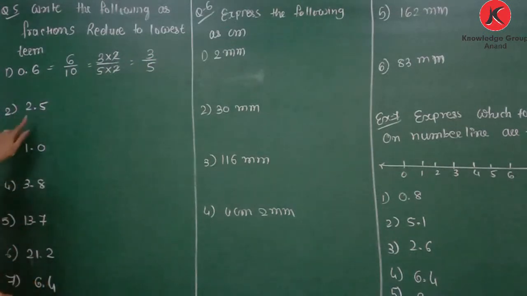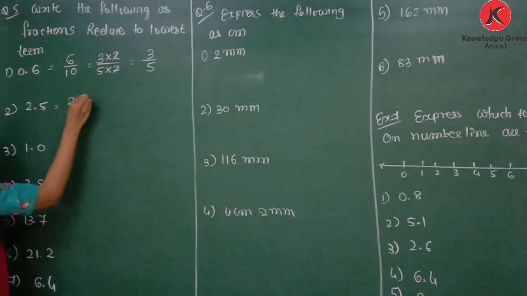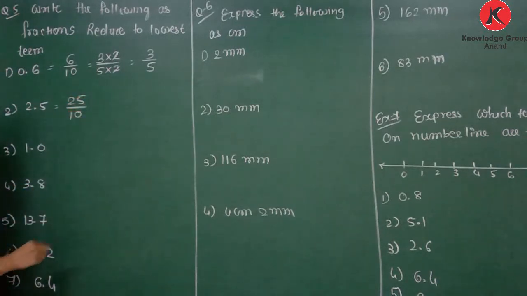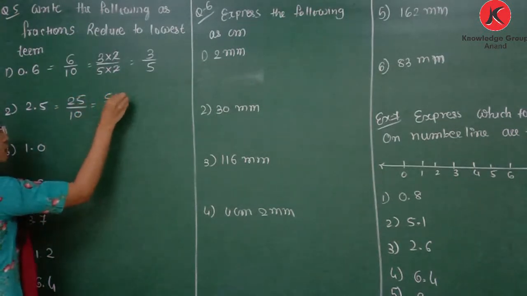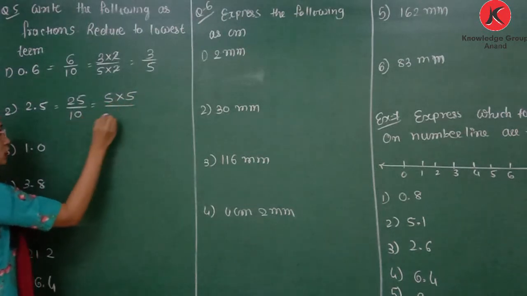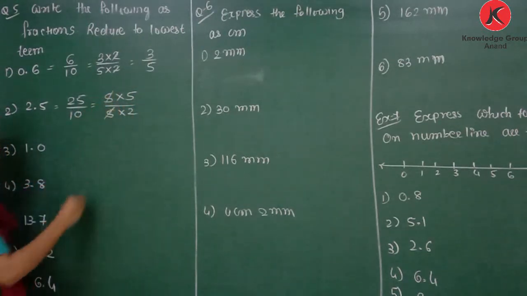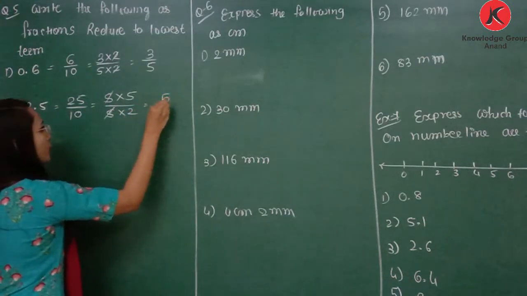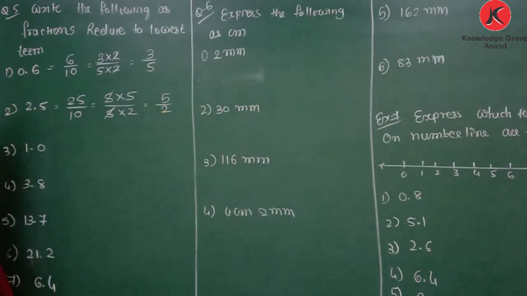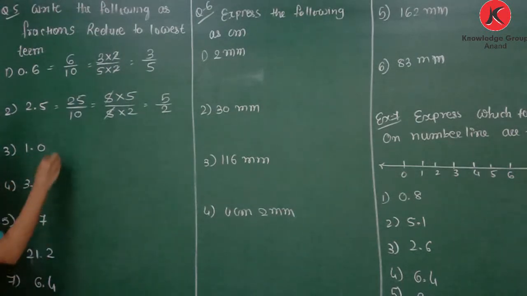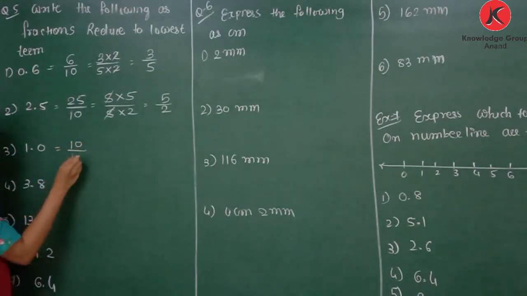Now for the next one, 2.5. So 2.5 can be written as 25 by 10. So factors of 25 are 5 5s are 25 and of 10 are 5 2s are 10. So 5 is the common factor. So 5 by 2, that is the fraction. Now next one, 1.0. So 1.0 means 10 by 10.